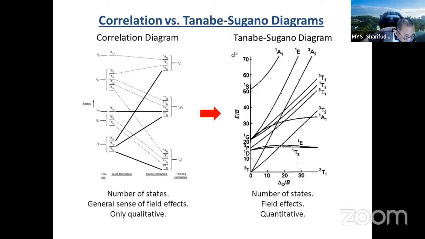I think this is for octahedral. Yeah. So it's broken into these 3 different term symbols, symmetry symbols. But if there's a strong interaction, then 3T1g will go down there, 3T2g will go up here, and 3A2g will go up there.